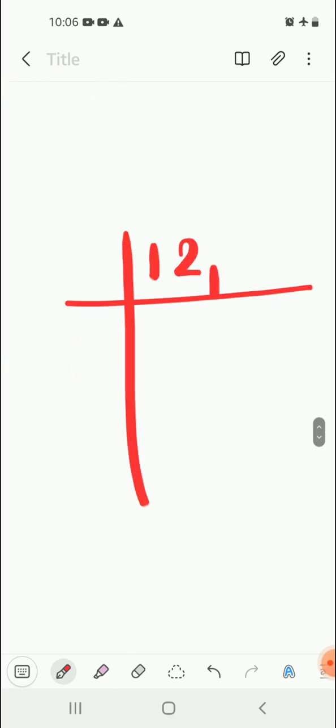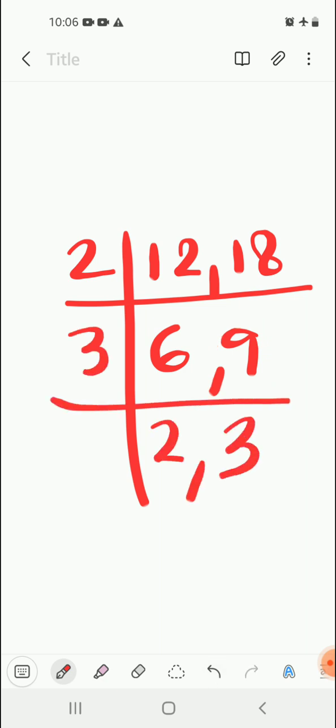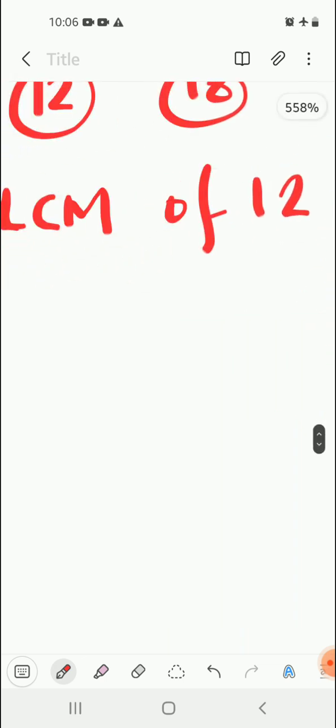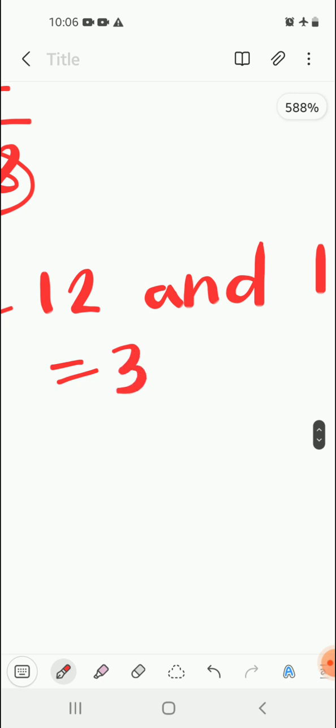Both are even numbers, so they will be divided by 2. So 12 becomes 6 and 18 becomes 9. Again, 9 cannot be divided by 2, so we will divide by 3. Here we get 2 and here 3. So the LCM is 2 into 3, 6, into 2, 12, into 3, 36. So my LCM is 36.